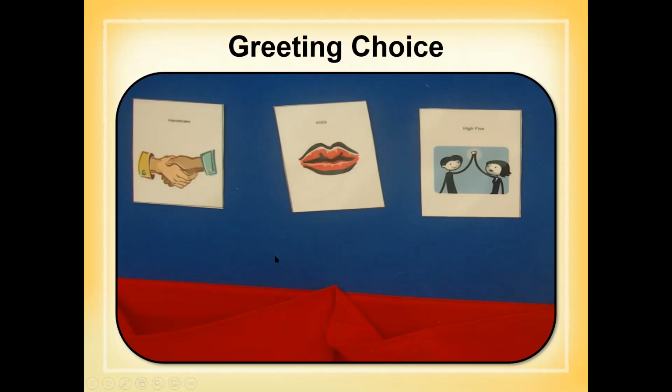And giving kids choices like this also helps them define and script what a greeting can look like. And it gives a kid power and choice over their own body too. I've had some kids, if they cross their arms across their body, that's one sign that we give to say, I don't want any kind of physical greeting.